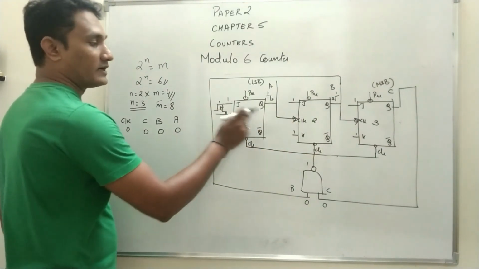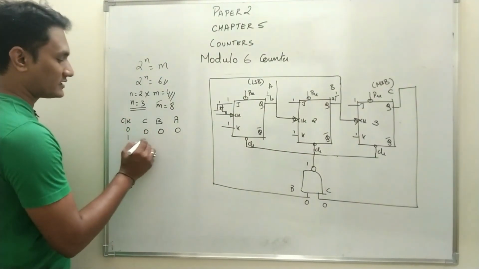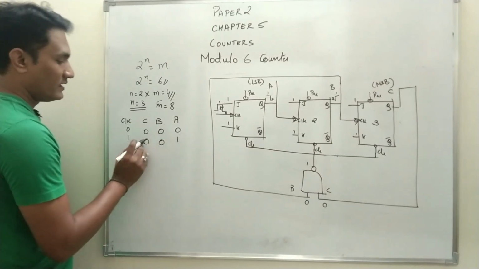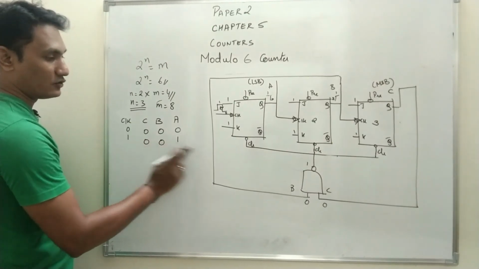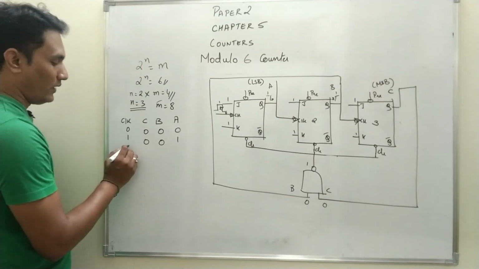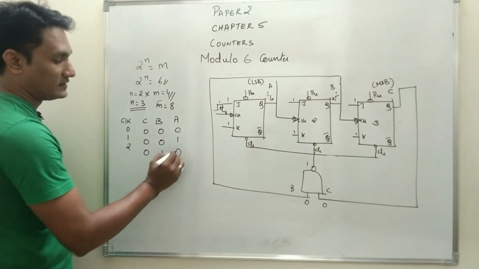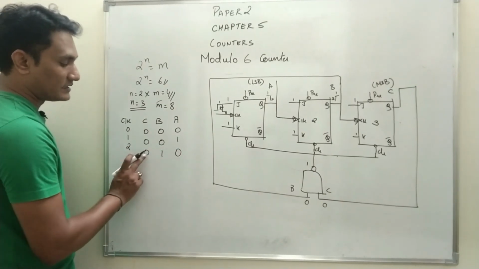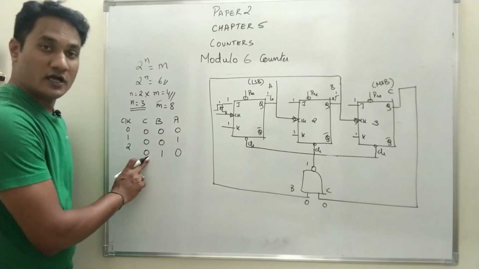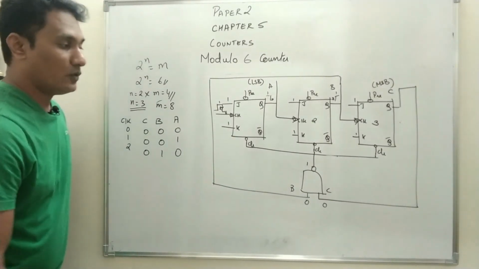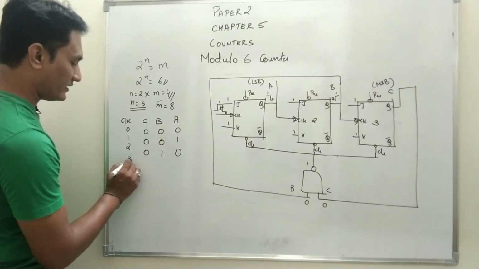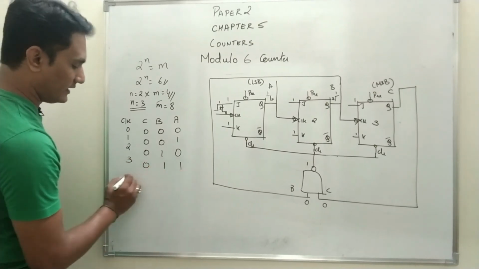So with each applied clock pulse, the count will increase. First clock pulse 0 0 1. Again, C and B are 0, the output of the NAND gate will remain 1. Second clock pulse 0 1 0. Now C is 0, B is 1, but if any one of the inputs is 0, the output of the NAND gate will be 1. So clear terminal will be deactivated. Third 0 1 1, it remains same.